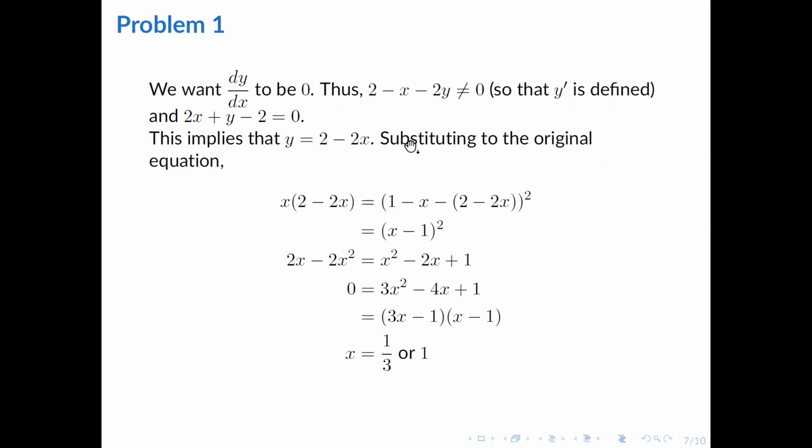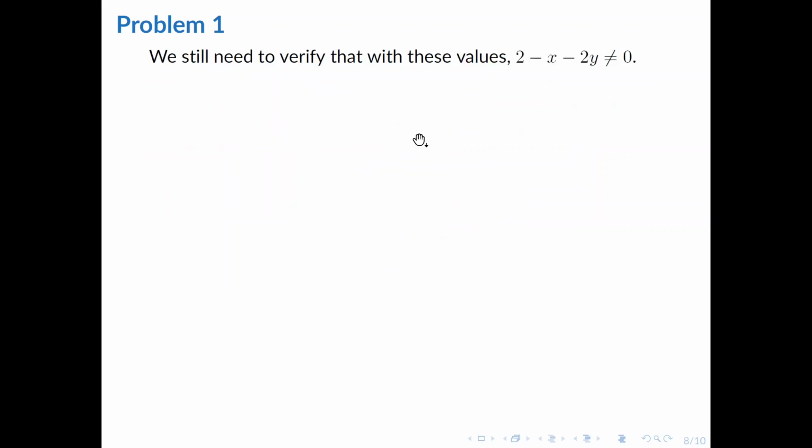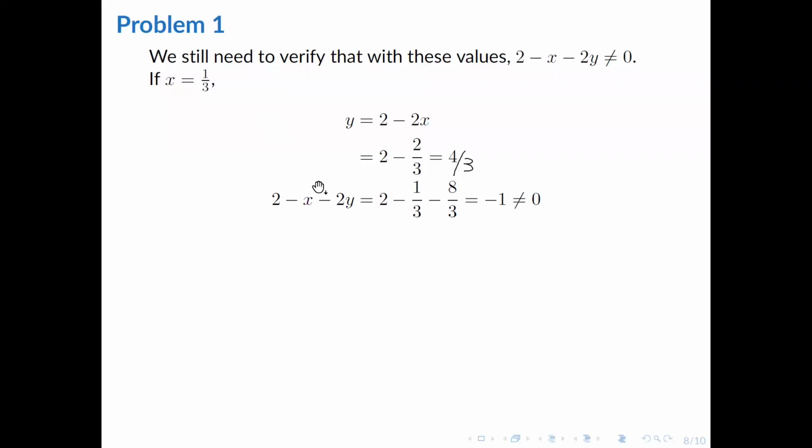We're not yet done. We still need to check that this expression, 2 minus x minus 2y, is not equal to 0. We need to check that this is satisfied. So straightforward, we get the y value associated with this x value, x equals 1 over 3. That y value is 4 over 3. Then we check that the expression that we want is non-zero.